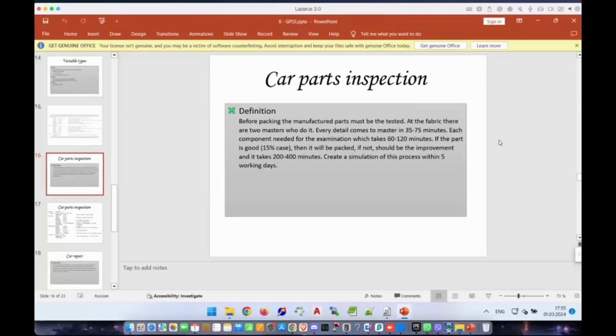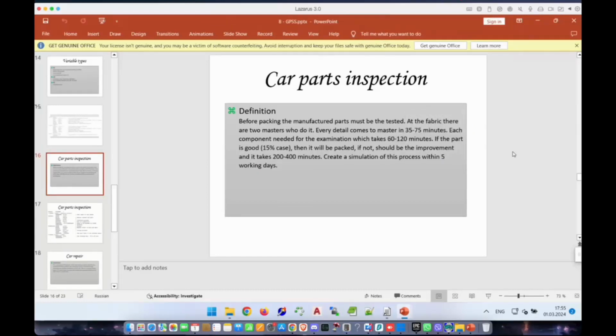Each spare part has to be examined and tested before sending it to the customer. This examination of the spare part takes from 60 minutes to an hour and 20 minutes.